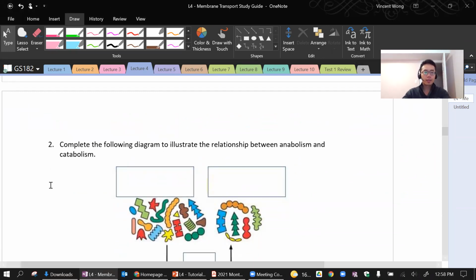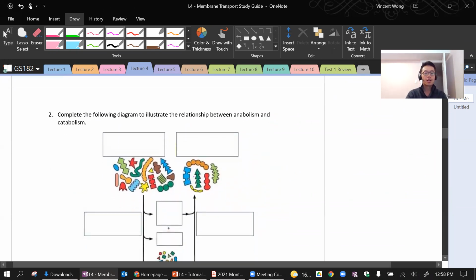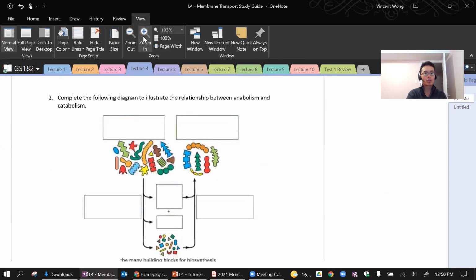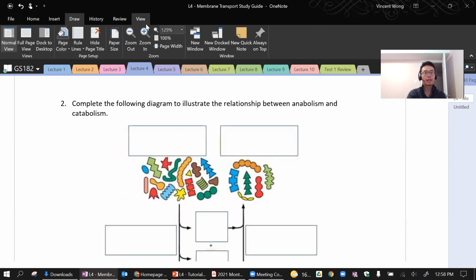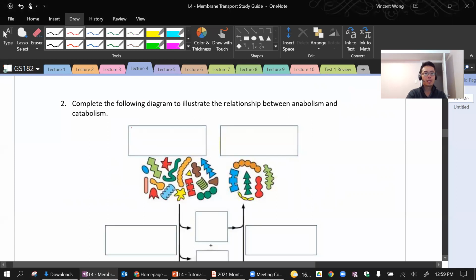Now we have a diagram here, and we want to complete the diagram. On the left side, we have a bunch of macromolecules. These would be food that you have ingested, so we'll call them macromolecules from food.